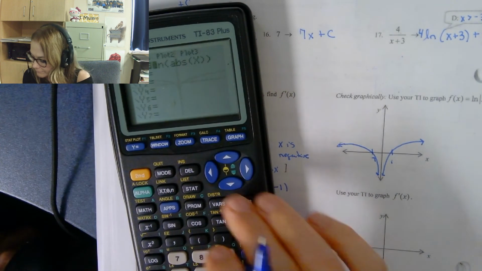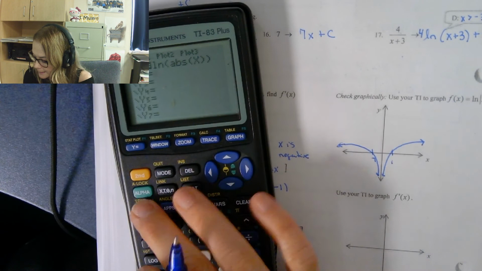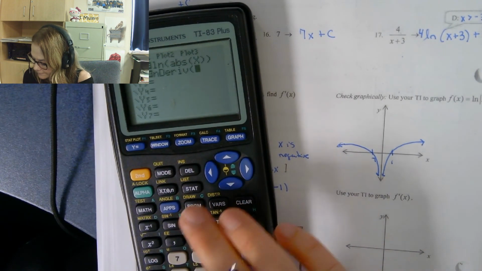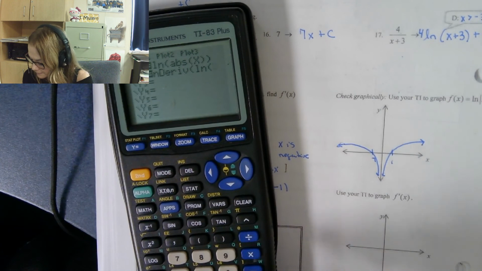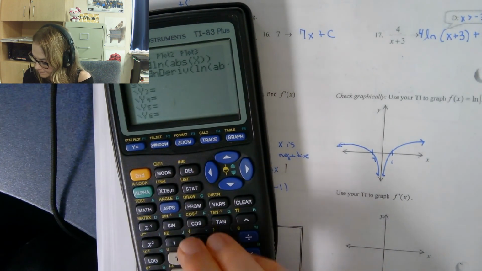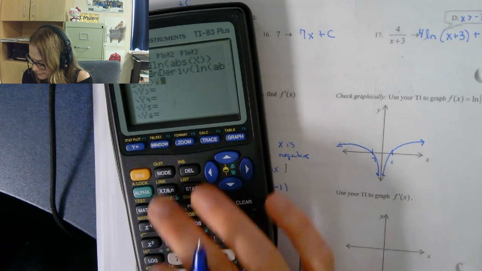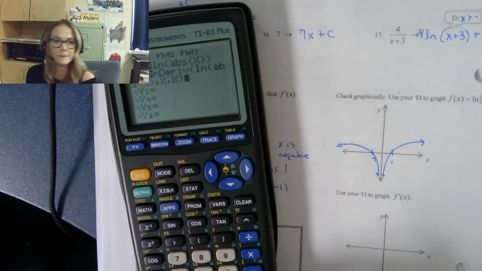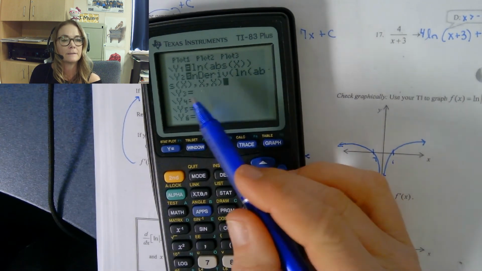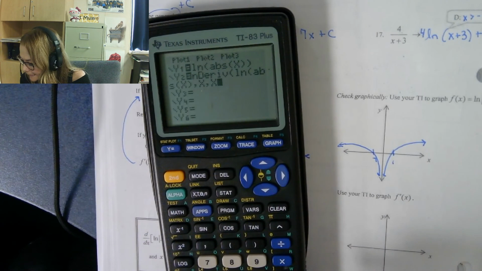And then if you were to graph that derivative, you're going to use math 8, nDeriv of the ln of abs x, comma x in that parenthesis. So I'm graphing the derivative of ln of the absolute value of x. All right, graph. Uh-oh, it doesn't like me. What happened here?